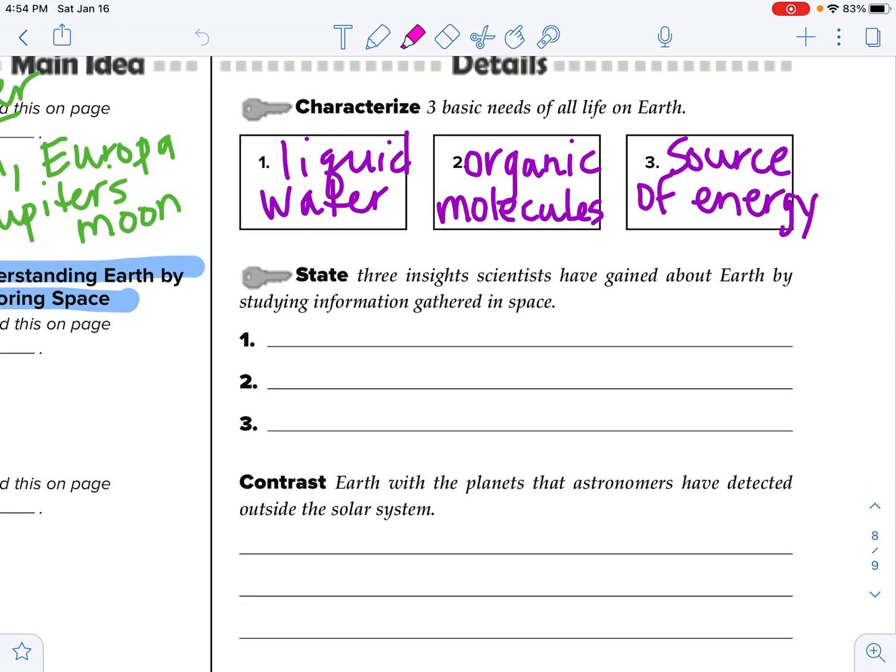State 3 insights scientists have gained about Earth by studying information gathered in space. All right, so what have we learned is how bodies in the solar system influence Earth.